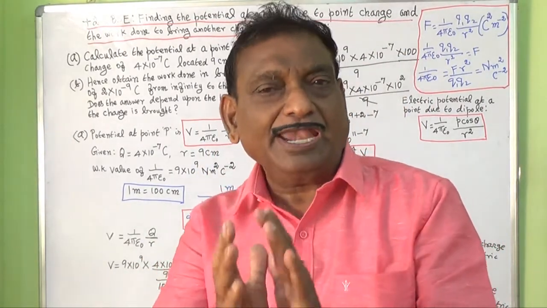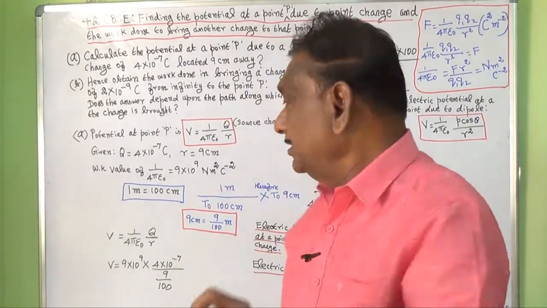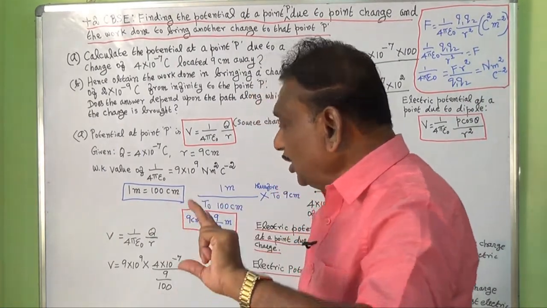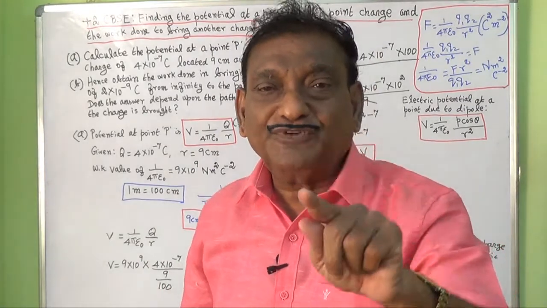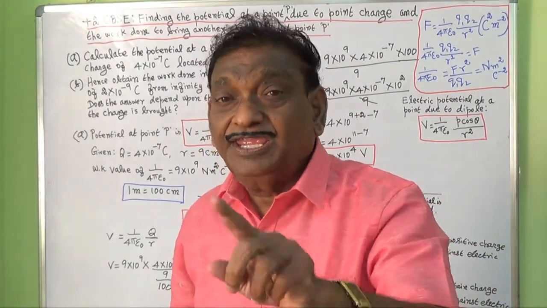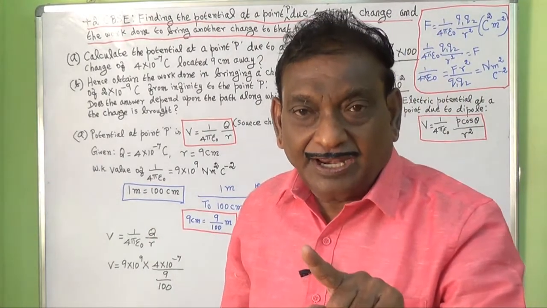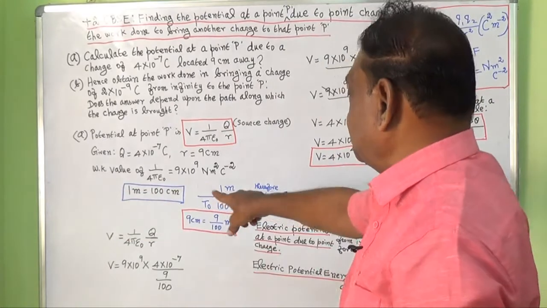Therefore, we should know the relation between centimeter and meter. We know that 1 meter contains 100 centimeter. 1 meter equal to 100 centimeter. This equation should be changed into the form of a fraction. In that fraction, in the numerator, the unit which is to be found should be placed.